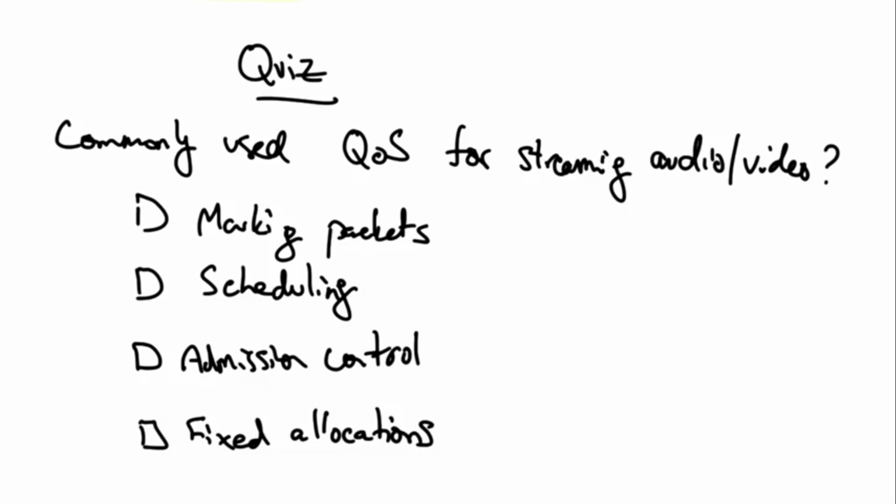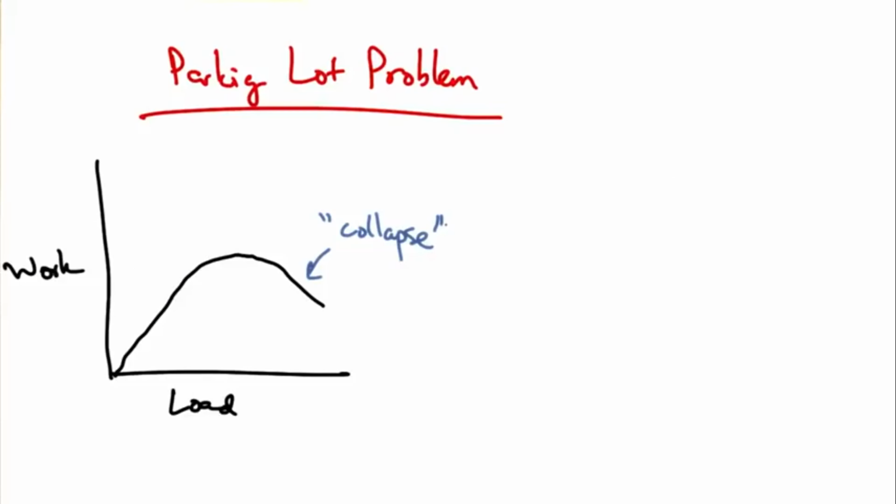Please check all that apply. A common way of applying QoS for streaming applications is to mark the packets as a higher priority, put those packets into a higher priority queue, and then schedule that queue so that it's serviced more regularly or more frequently than traffic or applications that are lower priority.